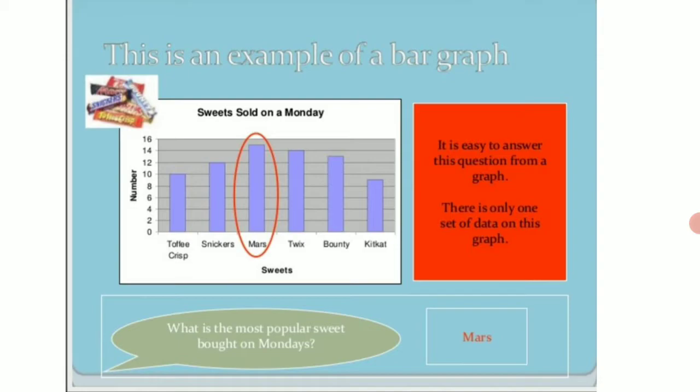There is only one set of data on the graph. So what is the most popular sweet bought on Monday, children? You need to look into the graph. The bar that has gone till 15, that is Mars. Mars is the type of sweet that has got maximum popularity.